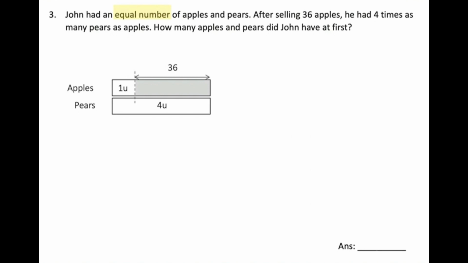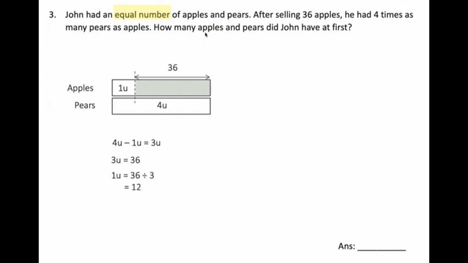When you compare the units, you're looking for the difference. So the difference is 4 minus 1, 3 units. And look at the diagram. Where are the 3 units? So these are 3 units, right? 3 units is 36, right? So 1 unit is 12.